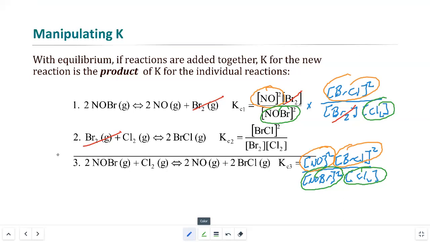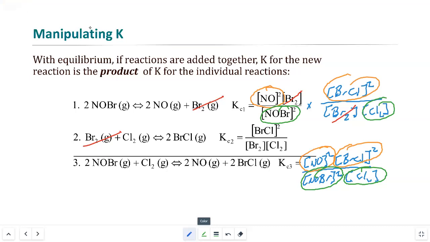And so that's the other manipulation that we can do. If we're adding together reaction steps, we can multiply their equilibrium constants by each other to get the equilibrium constant of whatever that summary reaction is.